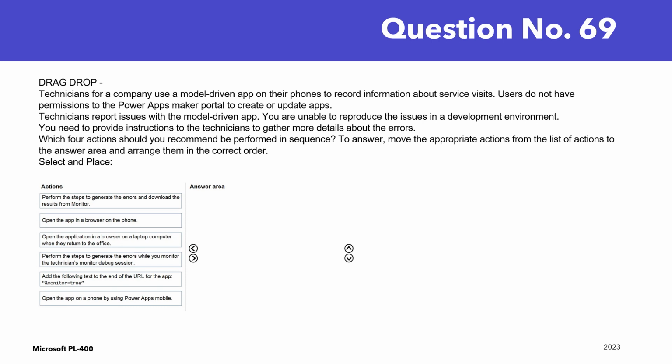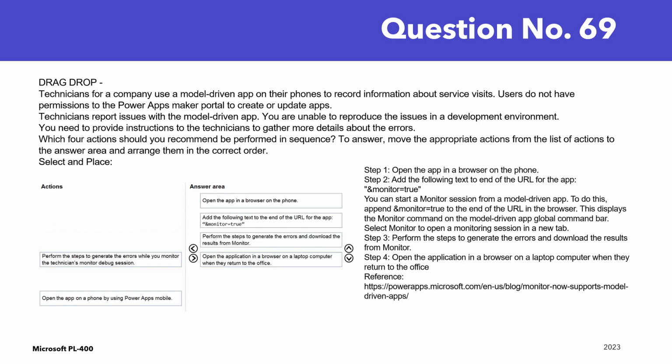To answer, move the appropriate actions from the list of actions to the answer area and arrange them in the correct order. Actions: 1. Open the app in a browser on the phone. 2. Add the following text to the end of the URL for the app, &monitor=true. 3. Perform the steps to generate the errors and download the results from Monitor. 4. Open the application in a browser on a laptop computer when they return to the office.